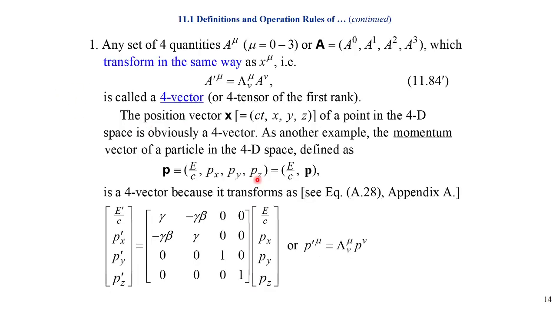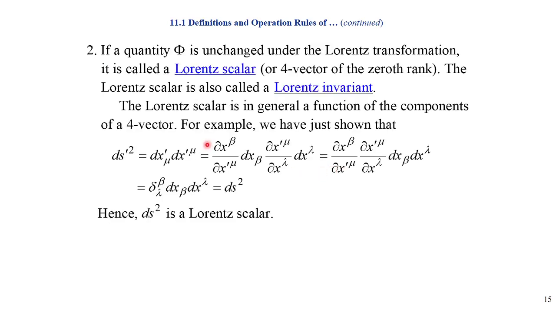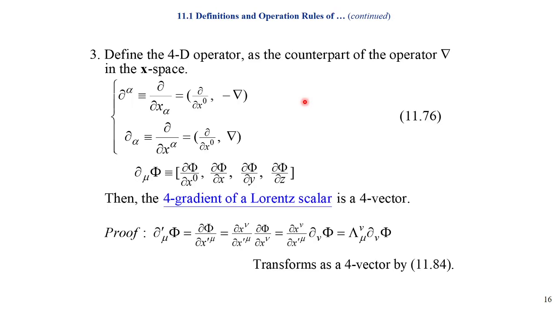Later, we will give you something four-dimensional and more examples. Energy and momentum become a four-momentum. And the Lorentz scalar, Lorentz invariant, the idea of these two. And we will define the operator, how to express the operator.